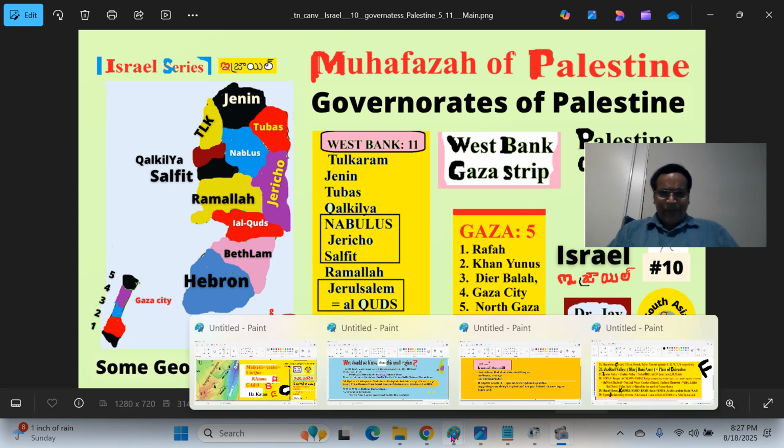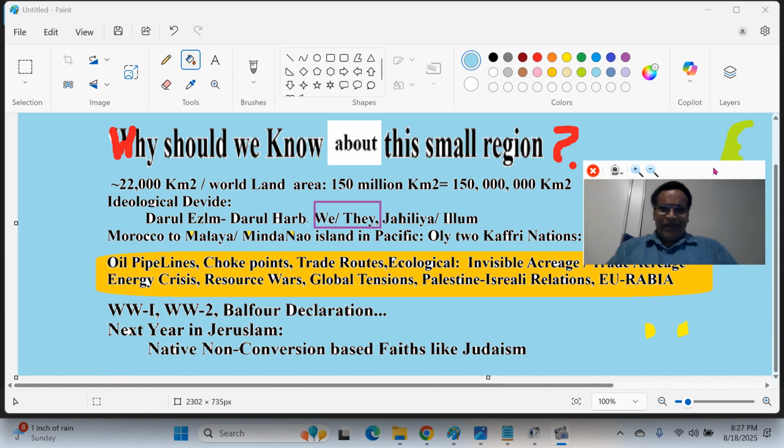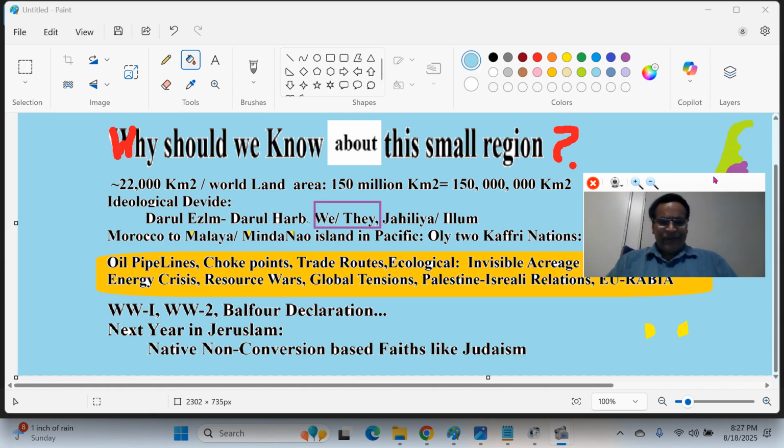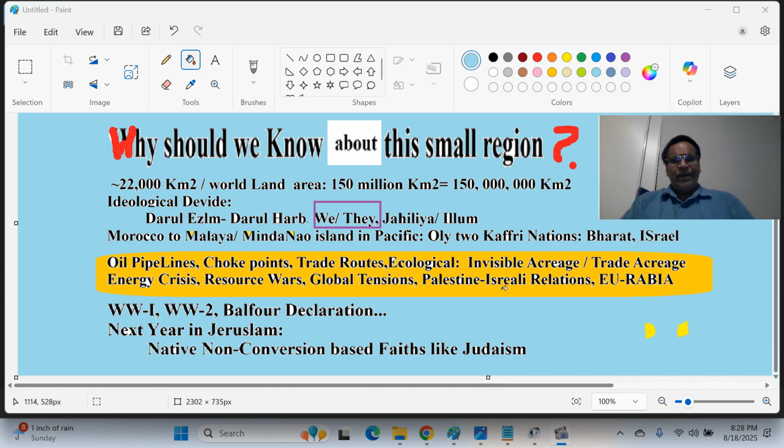This is very important because even though Israel itself is a small region, 22,000 square kilometers, and the West Bank is around 5,600 square kilometers, and the Gaza Strip is around 345, this is a historically very important and well contested region.